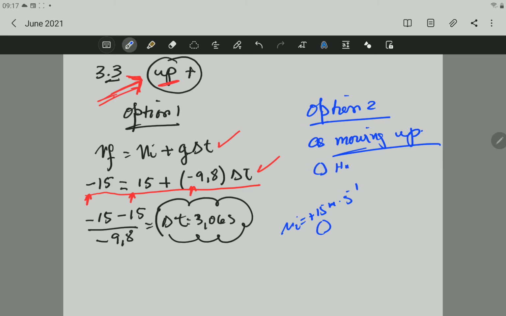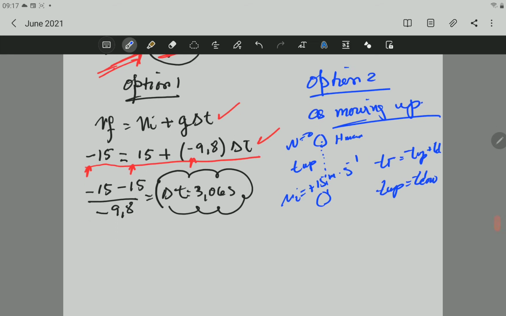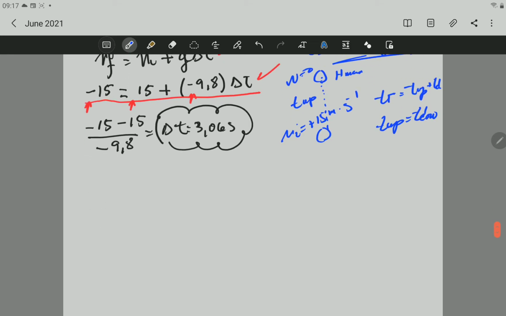At maximum, v is equal to 0. So we're going to calculate the time to go up. Remember, total time is equal to time to go up plus time to come down, but time to go up is equal to the time to come down. So we're going to calculate only the time to go up, and then we multiply by 2.